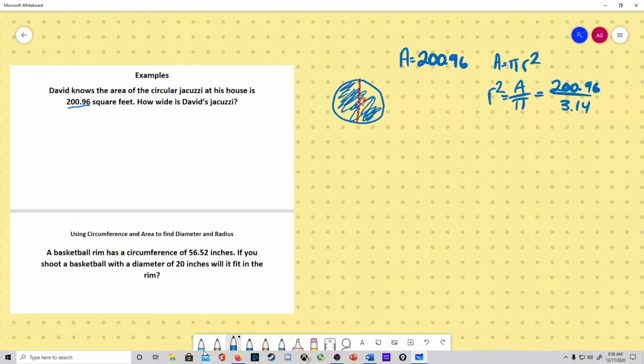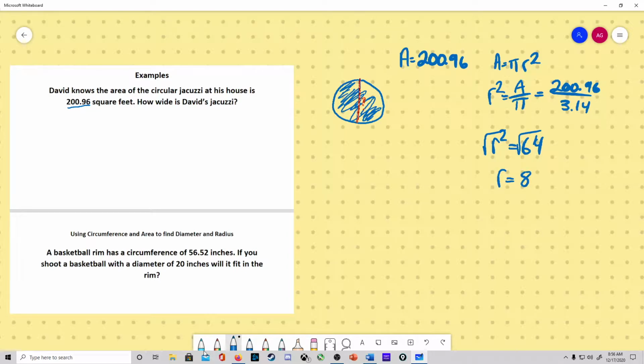Now, we could do this math out and it might take a minute to get all the answers, but if you put it into a calculator, you get that r squared is equal to 64. All right, and from there, we just have to think, what can we multiply twice to get 64? Or what is the square root of 64? So then we know that r equals 8, because 8 times 8 is going to give me 64.